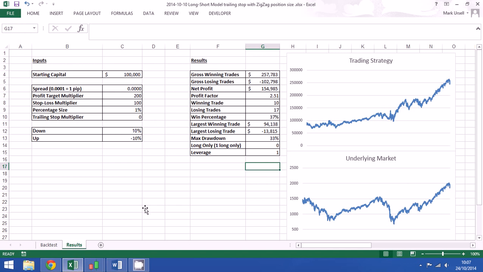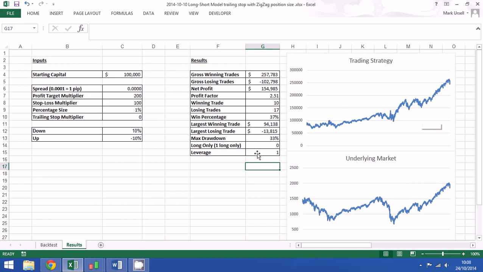in prices. We can see that the trading strategy has mirrored in certain parts the underlying market, particularly when it goes off on a tear and has a nice strong move in one direction or the other, and we get a nice spike.